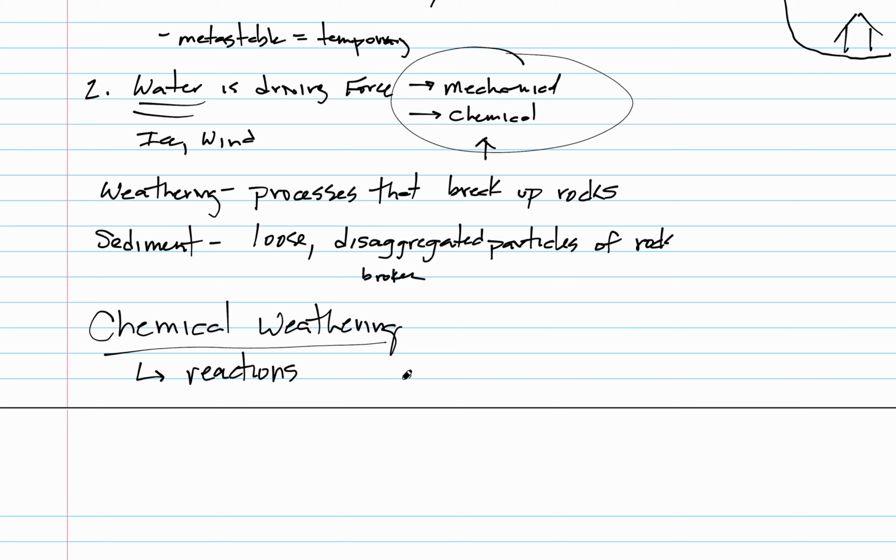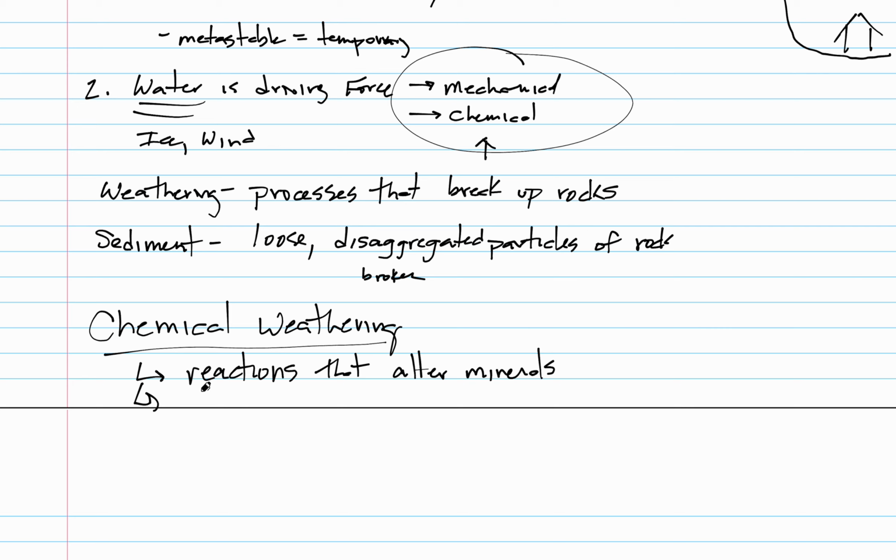They alter rocks, and importantly, it's the minerals themselves. Reactions that alter minerals. Minerals are the building blocks of rocks. Some minerals are reactive, and some minerals are very stable. We can't learn all those right now, but I'll be teaching some of that as we go.